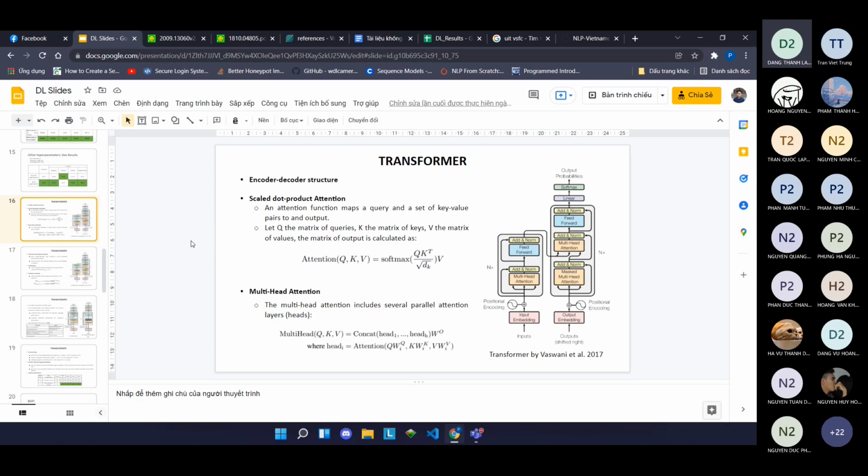And for the product of query, key and value, actually the transformer uses dot-product attention, it just adds the scaling part here.